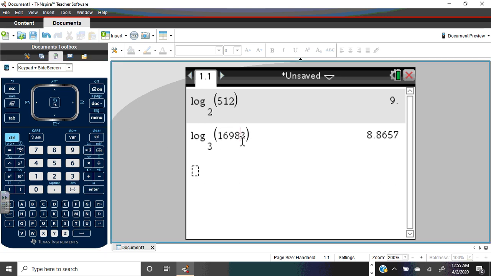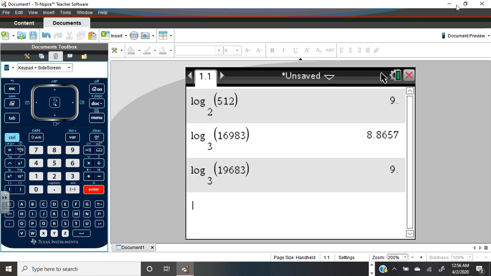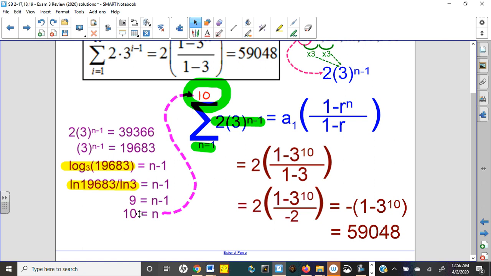So there we go. We get 9, which is what we got down here. We got a 9. And don't forget to add 1. Don't forget to add 1 to solve.